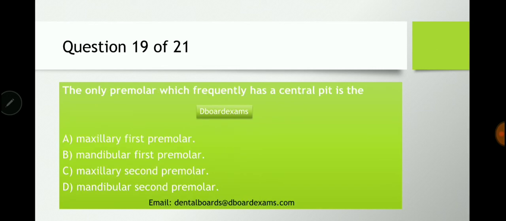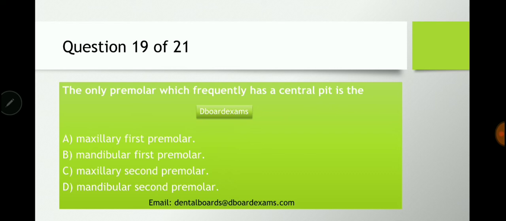19. The only premolar which frequently has a central pit is the. So which premolar has a central pit? You have to know the morphology of premolars. You have to know which premolars have anatomy which can look like a canine. Usually that's the first premolars.